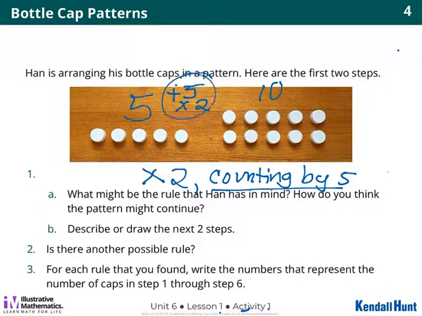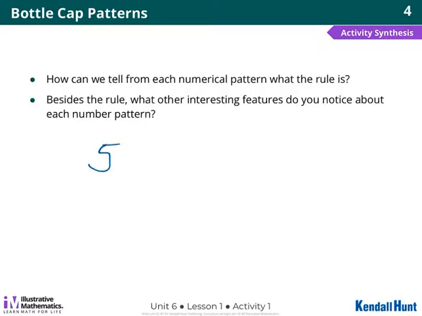Okay. Brooks? You could look at it and see that it was 5 and it was 10, and you could think that 5 times 2 equals 10, and then you could infer that it would be 5 times 3, 5 times 4, 5 times 5. Okay. So kind of thinking about it like an equation.